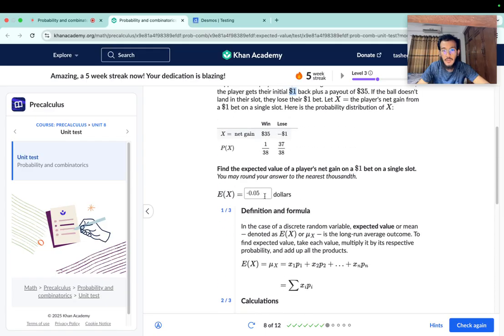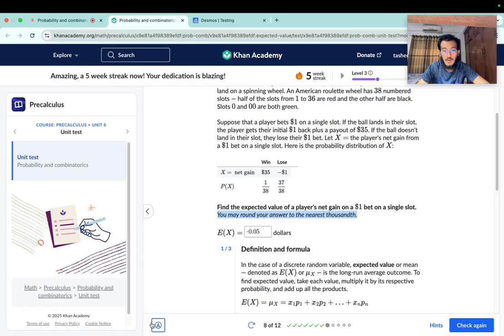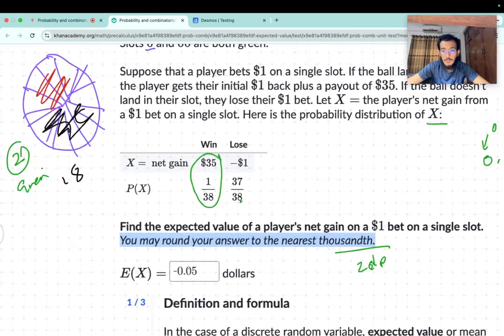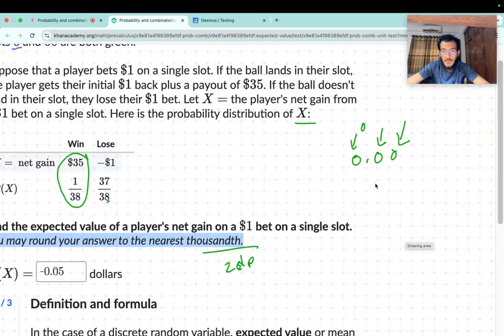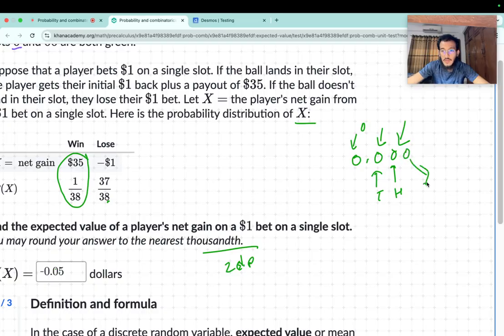Oh, it says nearest thousandth, not hundredth. So this is ones, this is tens, this is hundredths, and this is thousandths.